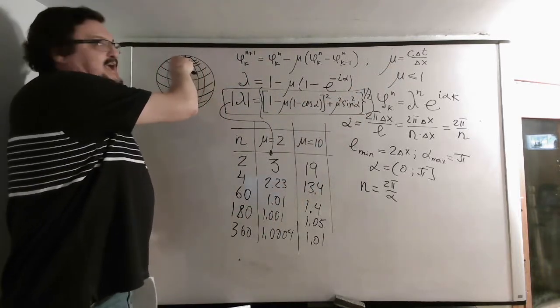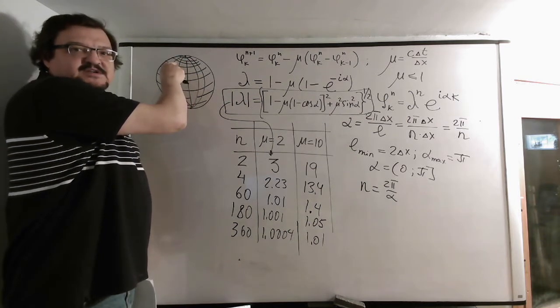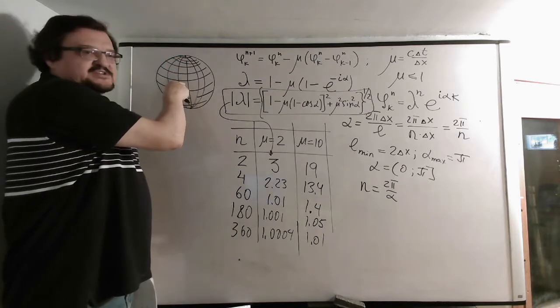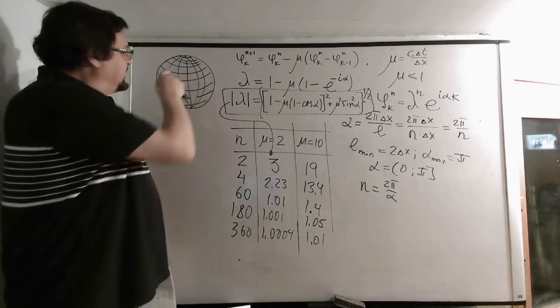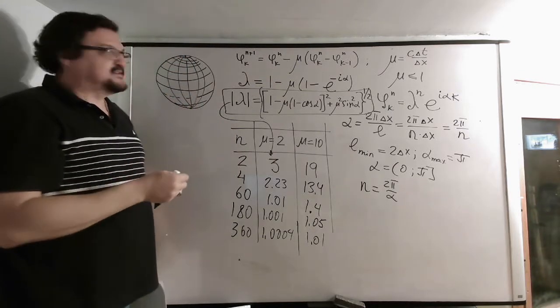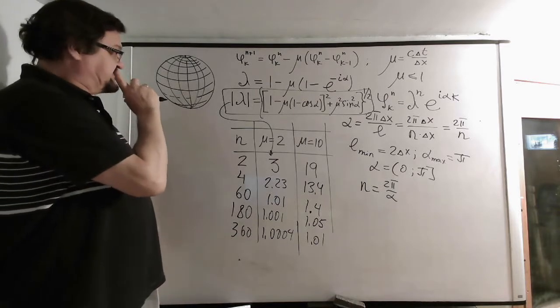So your time step required becomes smaller and smaller, and you cannot run a small time step here and a long time step there. Everywhere it should be the same time step. So effectively, your resolution around the poles will dictate the time step that you should use in your simulation.